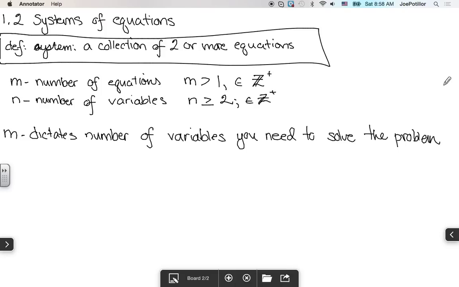So if you have three equations, you need three variables. If you have five equations, you need five variables. You can have less, you can have more.